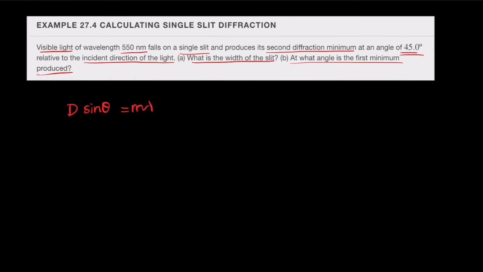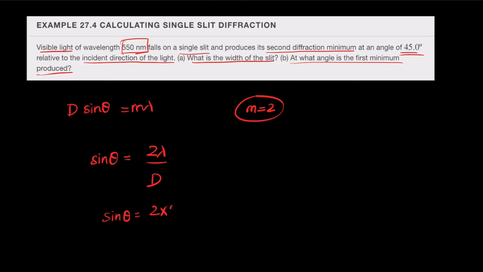So sine theta is 2 lambda by d, so m here is 2. They are asking us to find the theta value for this. So sine theta is 2 times the lambda value, 550 nanometers, so 550 into 10 power negative 9 over d, which is the value that we have to find here. So theta is given. So theta value is sine 45.